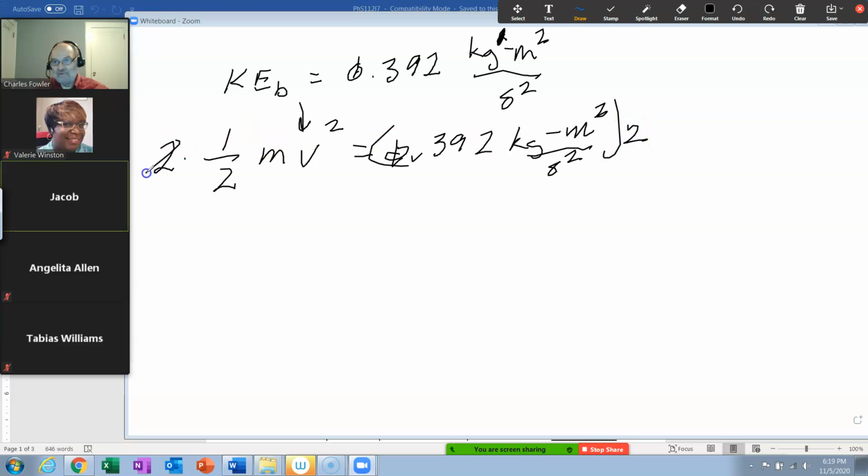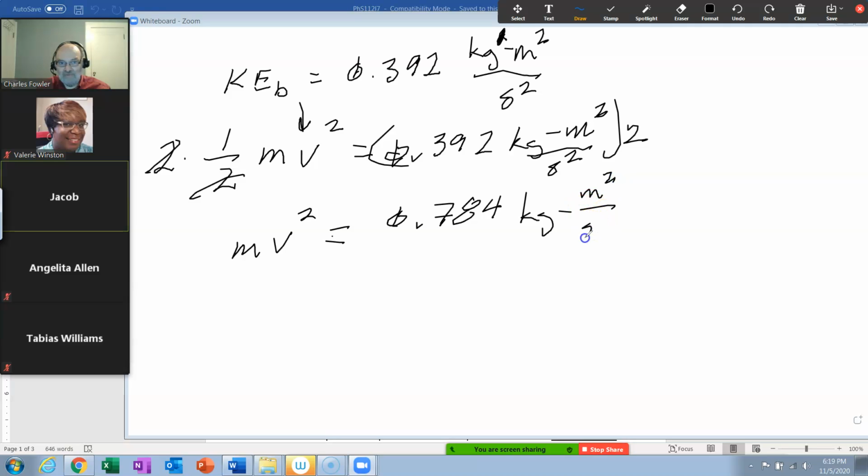Okay, so here the 2's go out, and you have mv squared is equal to twice 0.392, which would be 0.784 kilogram meter squared per second squared.